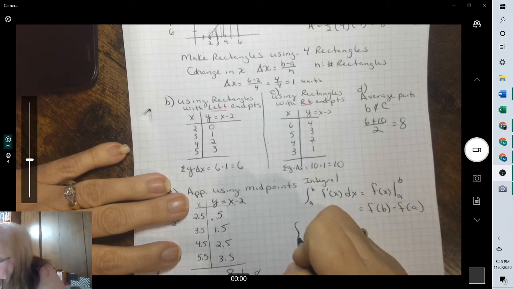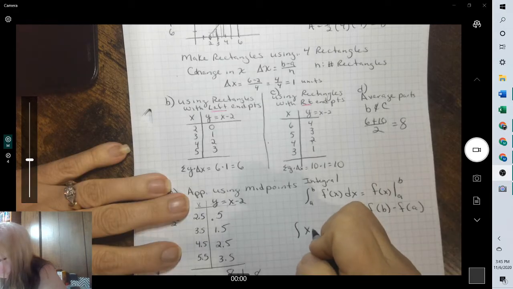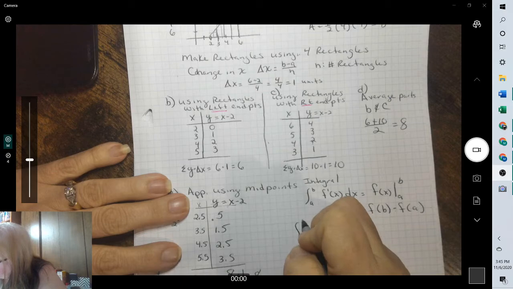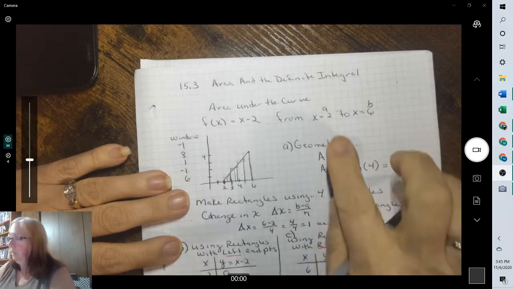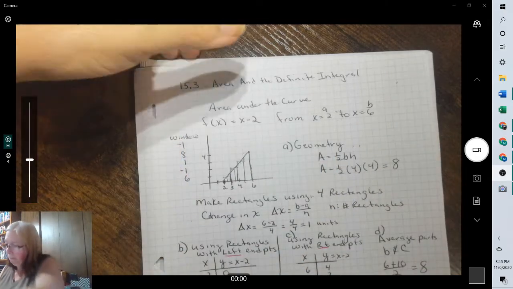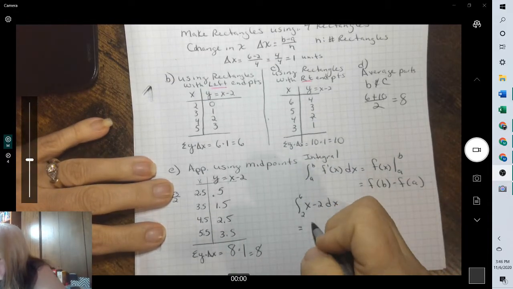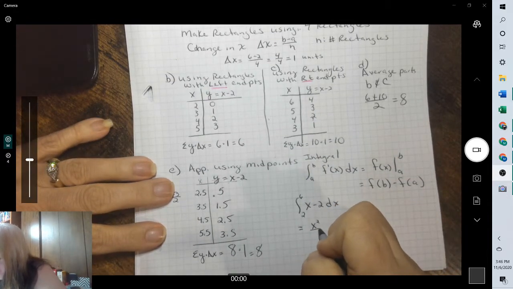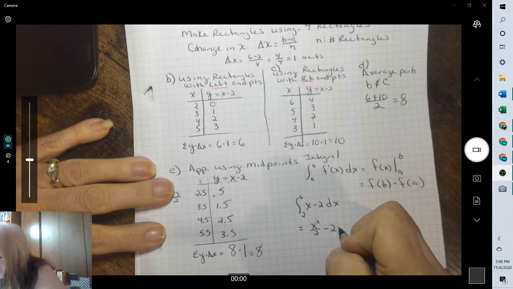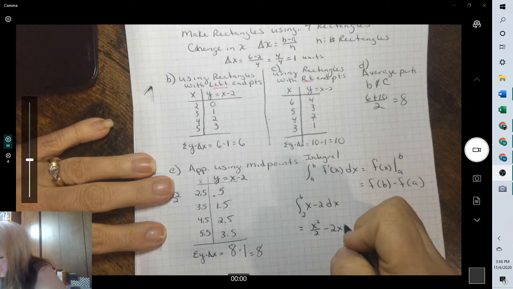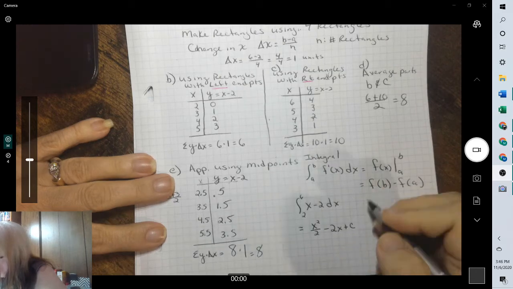So if we take the integral of this one was x minus 2. And we're going from 2 to 6 because that's what we had said, 2 to 6. When you take the integral, you get x squared over 2 minus 2x. We don't need the plus c because it'll cancel. But I'll put it in there so you can see it canceling.